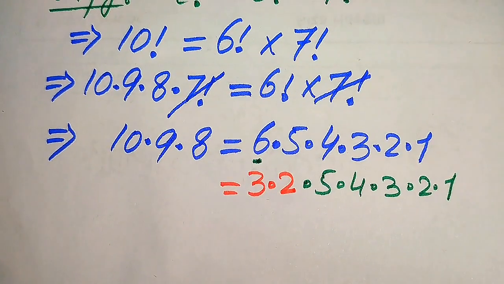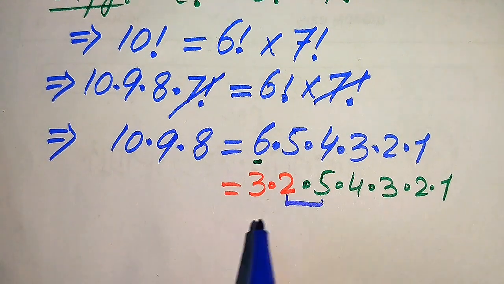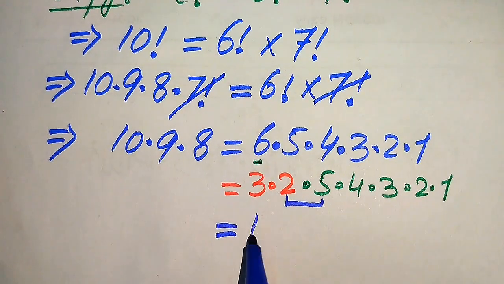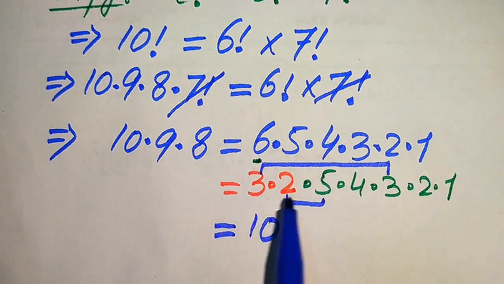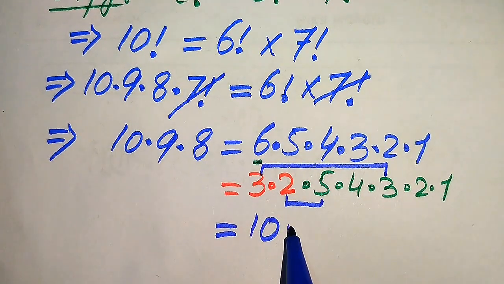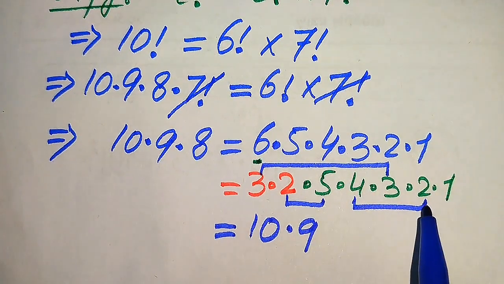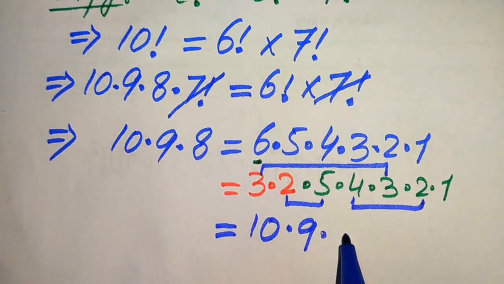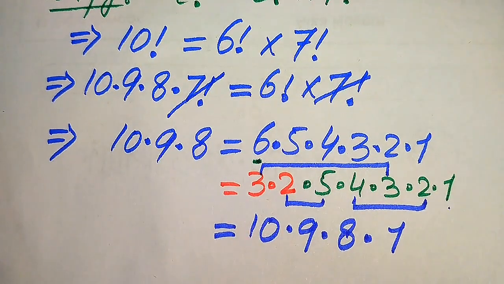Further, in the next step we multiply this 2 with 5, and you get 2 fives are 10, and we multiply this 3 with this 3, and you get 3 times 3 becomes 9, and we multiply this 4 with this 2, we get 4 times 2 becomes 8, and at the last we get only 1 here.